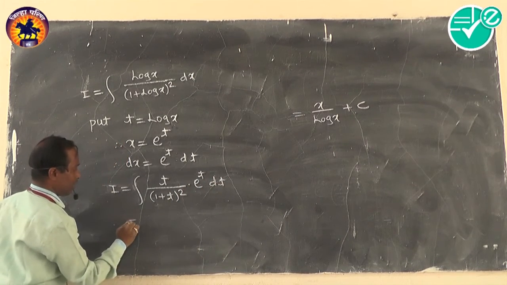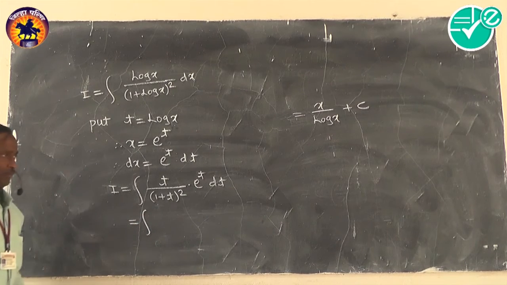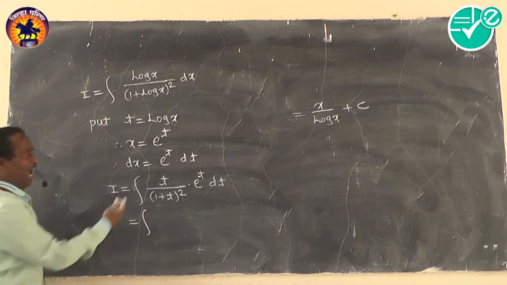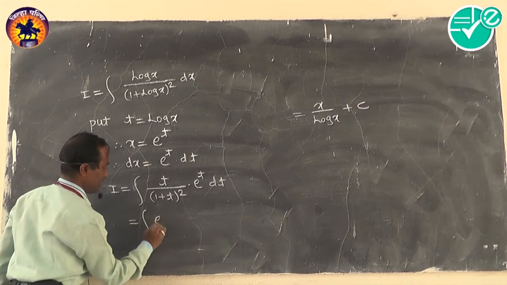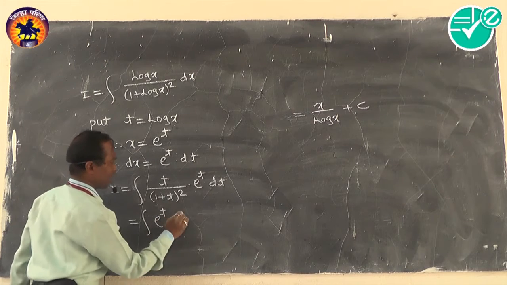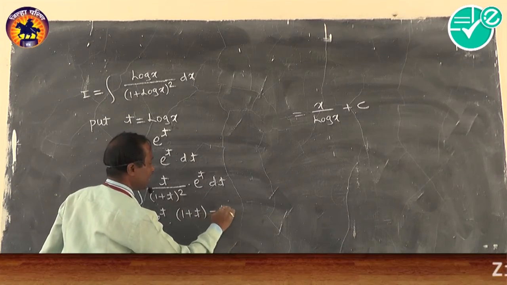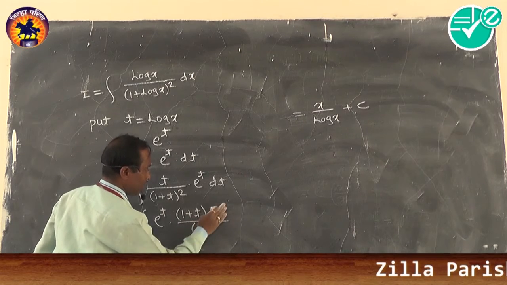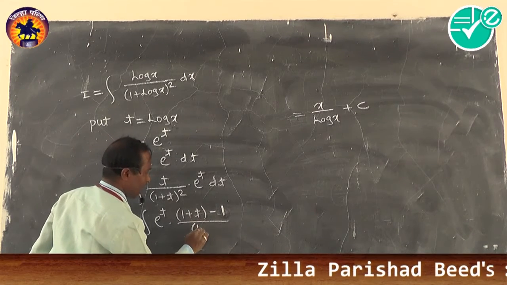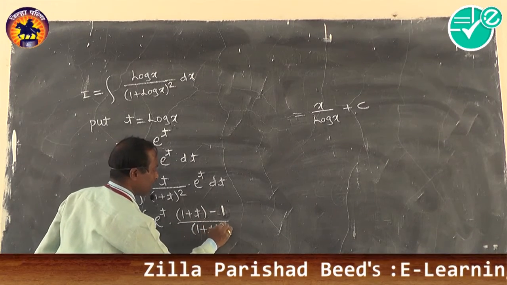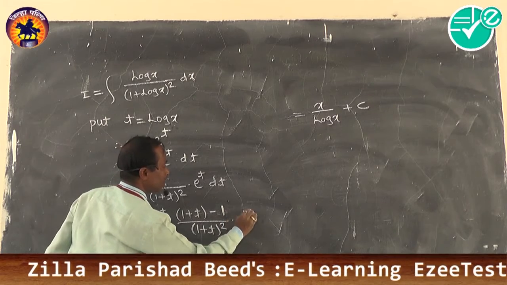Now here the denominator function contains 1 plus t, so add 1 and subtract 1: e raised to t into (1 plus t minus 1) divided by (1 plus t) bracket square into dt.